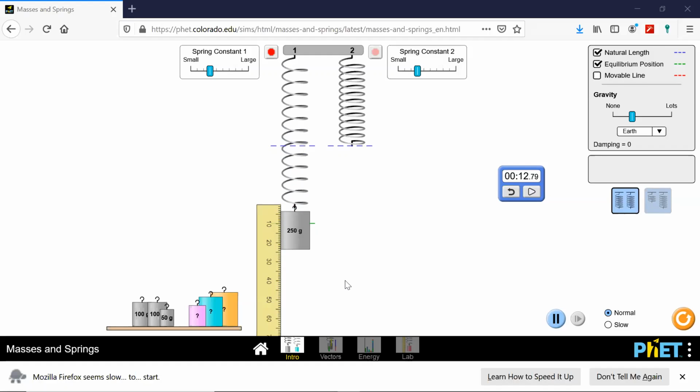I will take the endpoint, the original extension. So when the spring is at... was it 41?